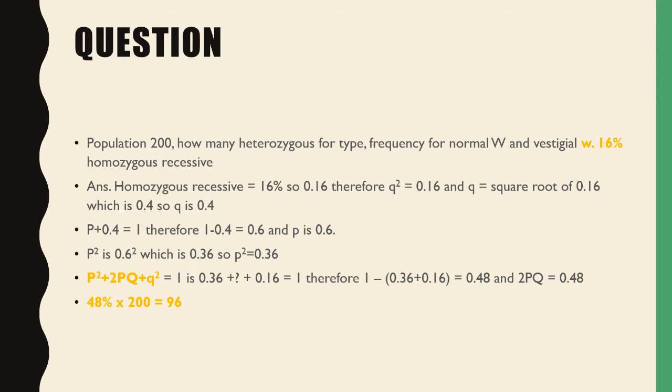That will give you 0.48, which means that 2pq is equal to 0.48. Now, to actually answer the question, which is how many are heterozygous, you do 0.48, or 48%, times the population size, which is 200, and therefore we know out of the 200, 96 are heterozygous.